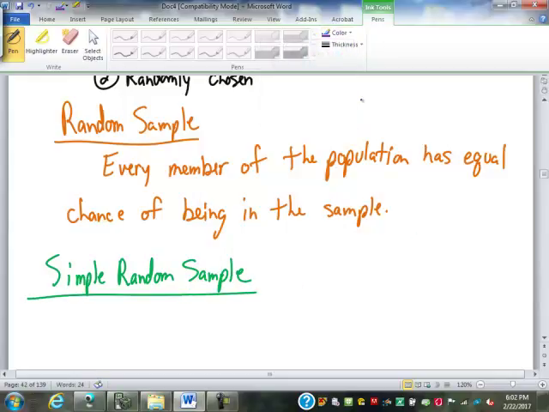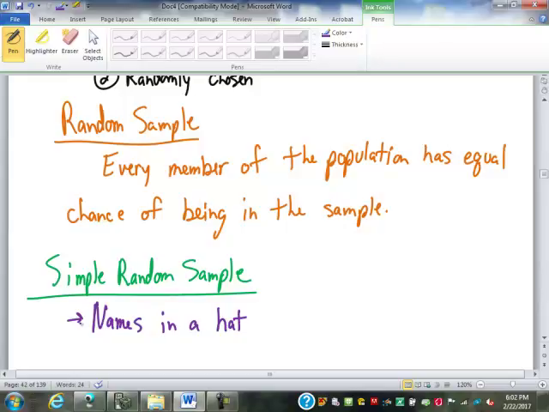The analogy for a simple random sample, to go back to the pre-technology, is basically putting names in a hat. This could be literally putting the names of everybody that is a registered voter or everybody who will vote in the next election in a hat.